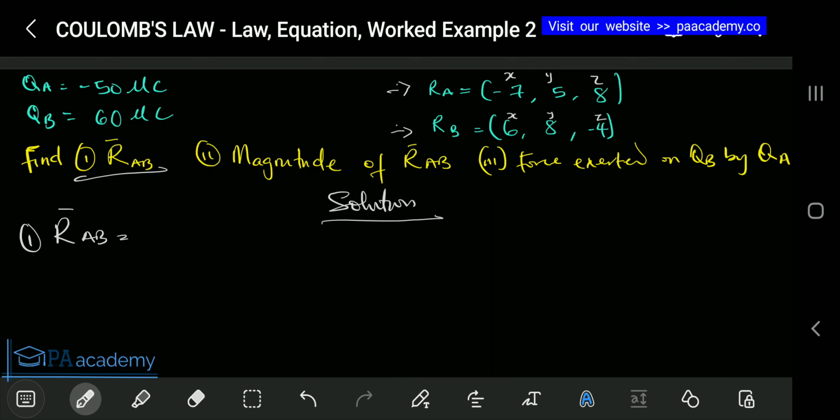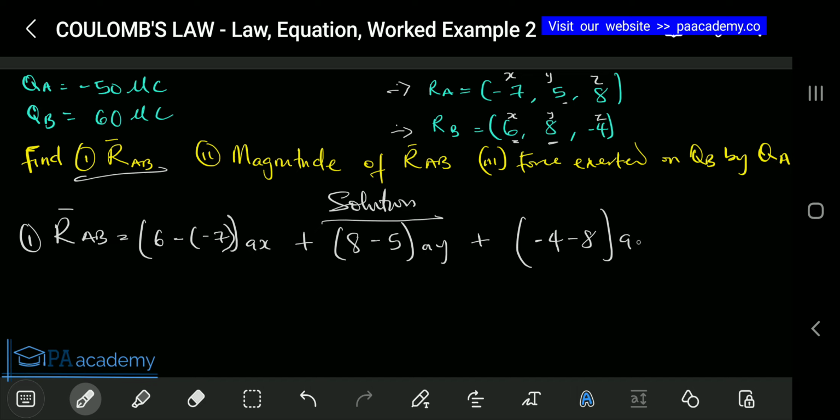To get RAB, RAB is equal to 6 minus 7 AX, plus, for the Y coordinate, 8 minus 5 AY, plus minus 4 minus 8 AZ.